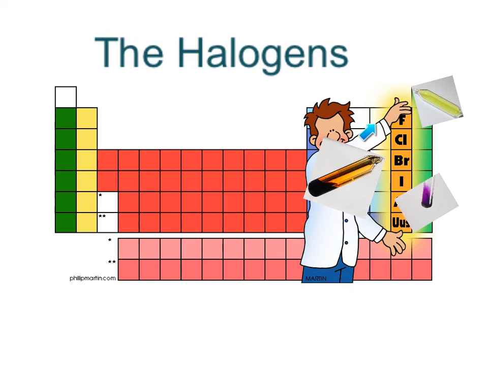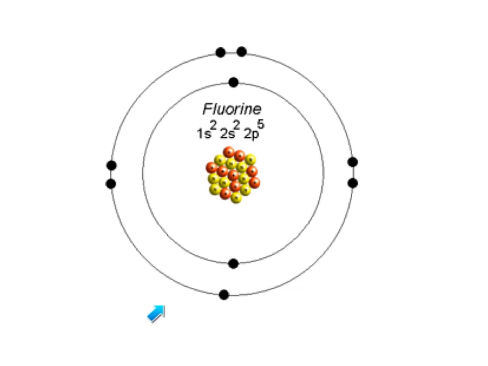And fluorine, chlorine, bromine, and iodine are all diatomics. Halogens, having 7 valence electrons, have very negative electron affinities. They'll remove the electrons they need to complete their valence very easily, and usually very exothermically.